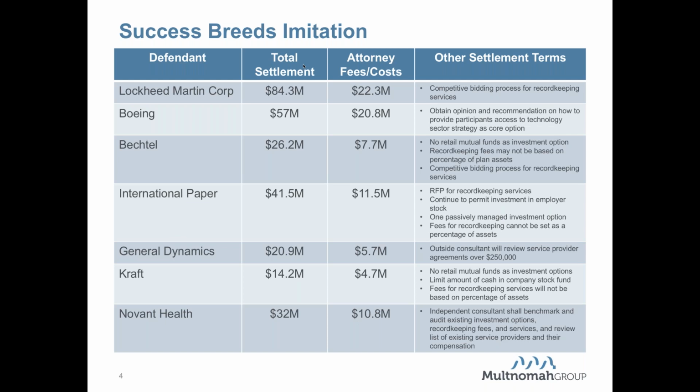A number of individual facts and circumstances, clearly fees being a big piece of those, and inability or at least an accusation of an ineffective plan to monitor and reduce expenses. But again, in many of those cases, 25 or more % of the ultimate settlement has been paid out to the attorneys representing the class action litigants.